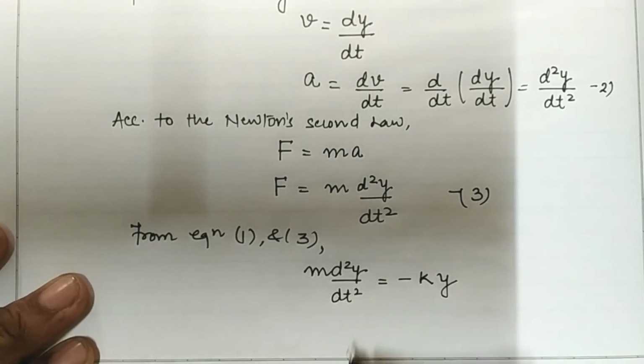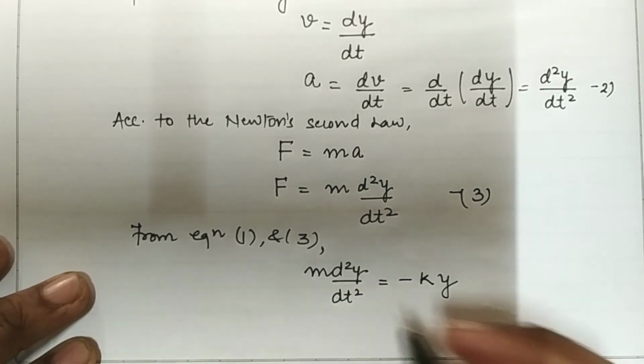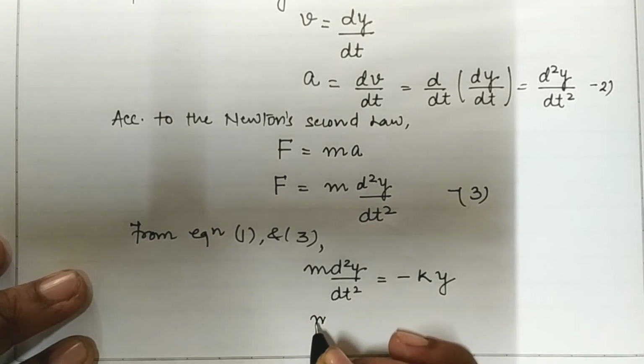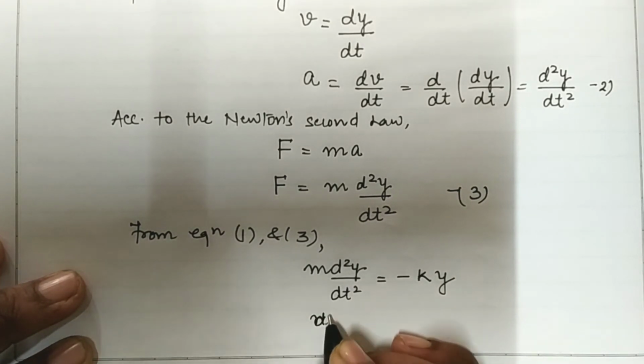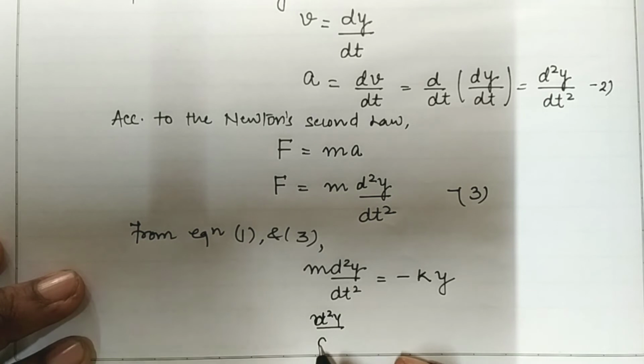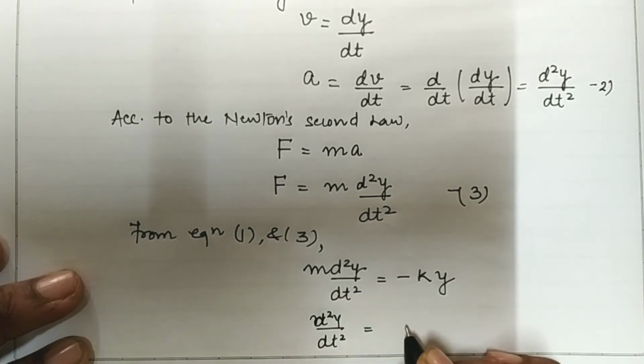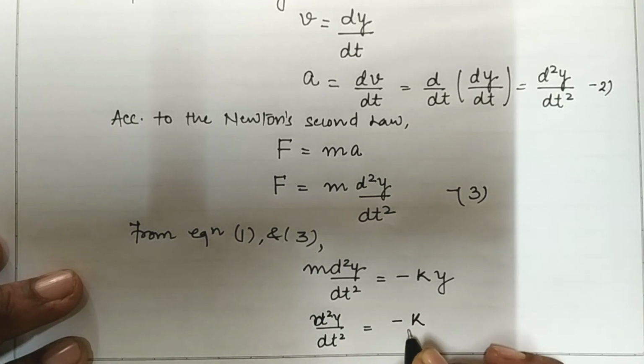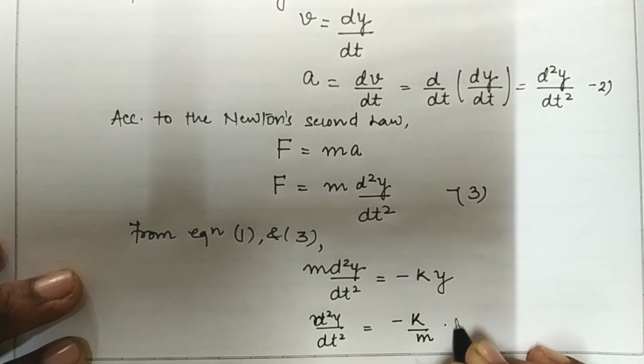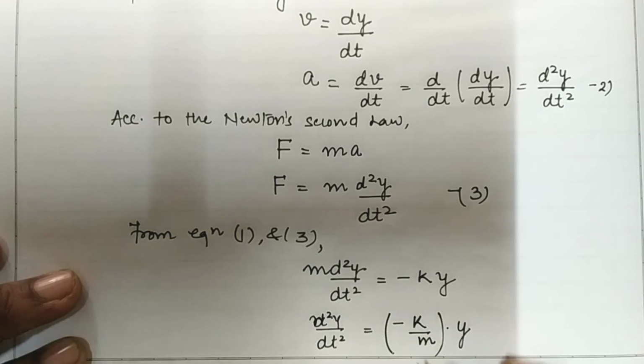And from here we can say that d2y upon dt square will be equal to, putting m on this side, minus k by m into y.